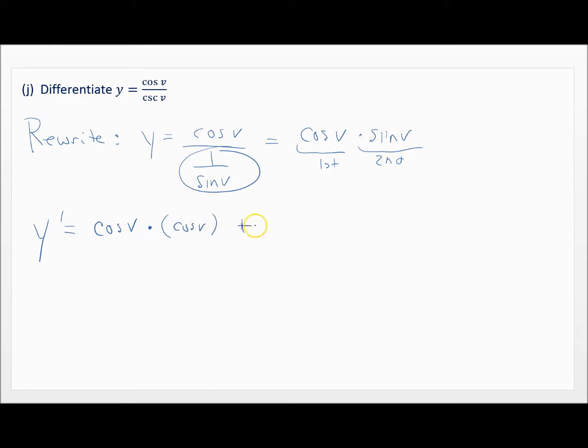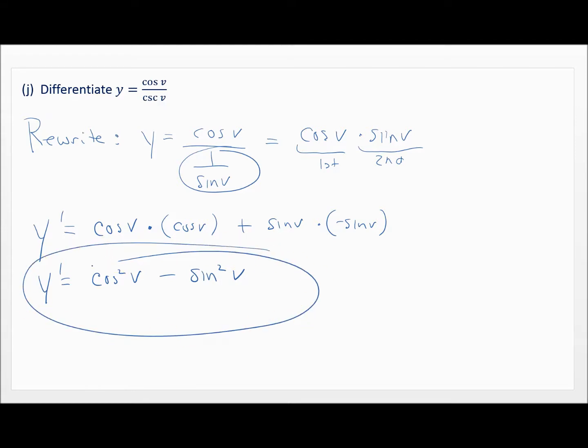And then plus the second, which is sine of v, times the derivative of the first, which is negative sine of v. So I have y prime is equal to cosine of v times cosine of v, which is cosine squared of v. This positive times this negative is negative, and then sine of v times sine of v is sine squared of v. And that's a perfectly reasonable answer.